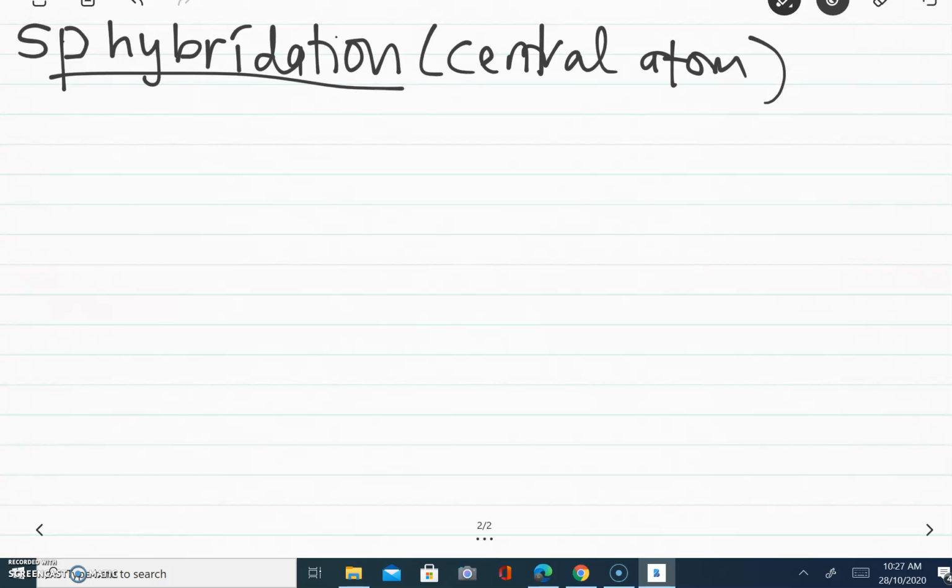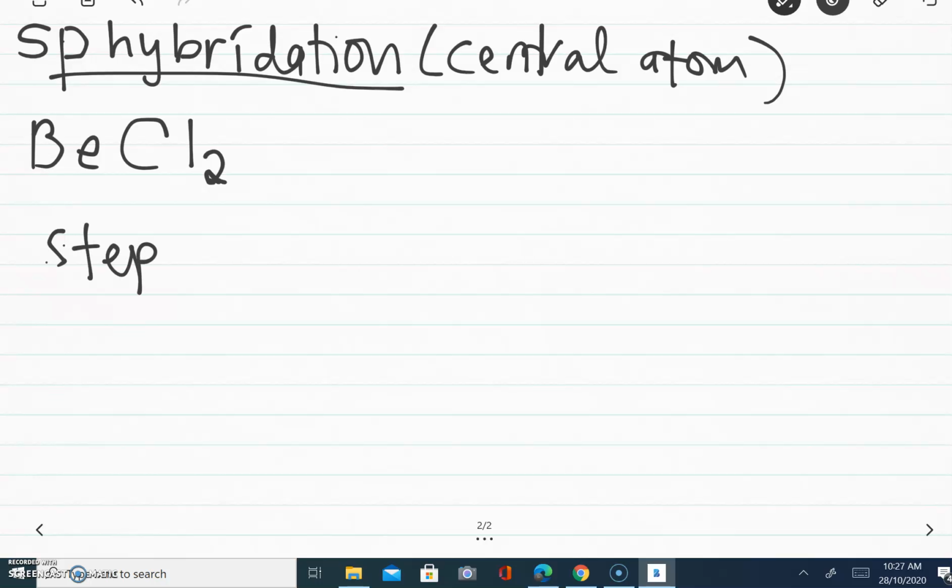Hence, for the example, using the molecular formula beryllium dichloride, explain or predict the hybridization and show the overlapping orbital of this molecule. Remember, follow the steps.